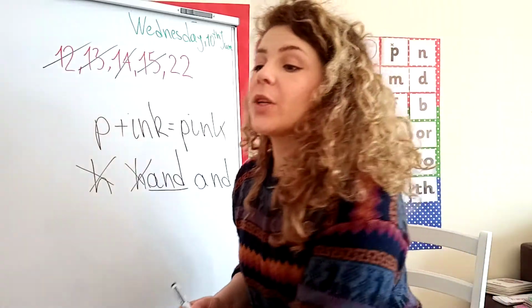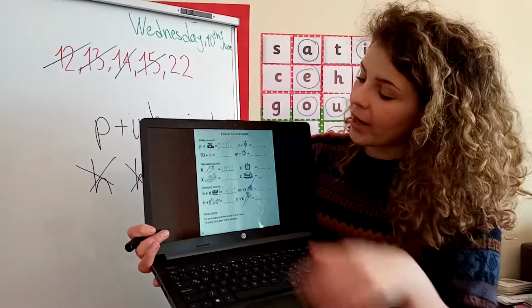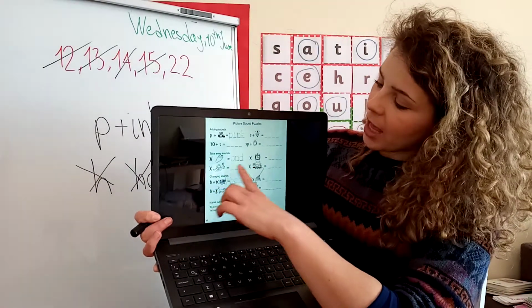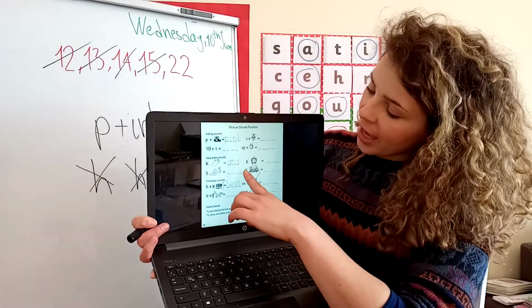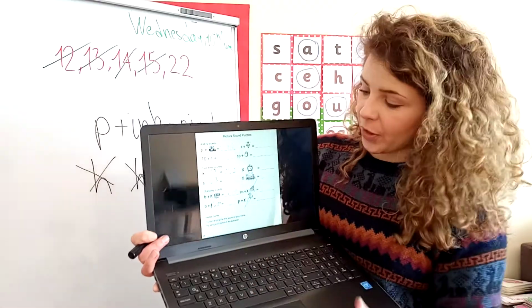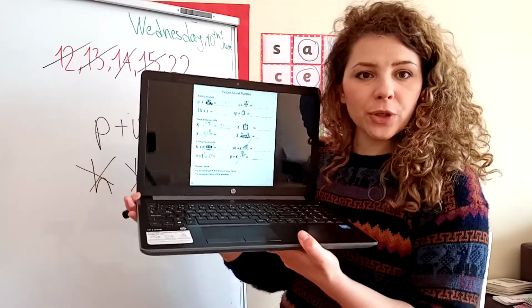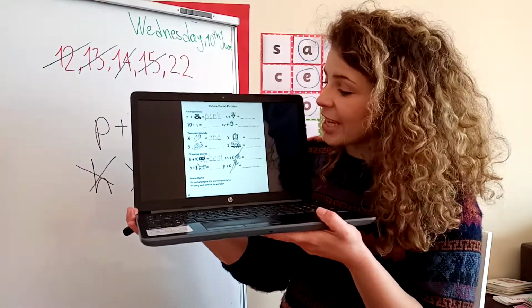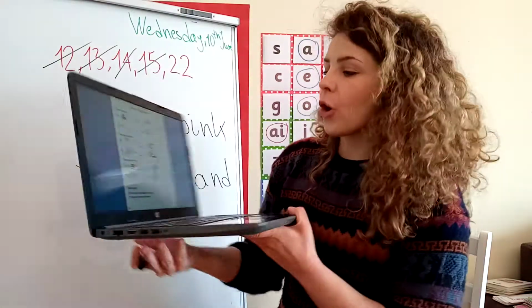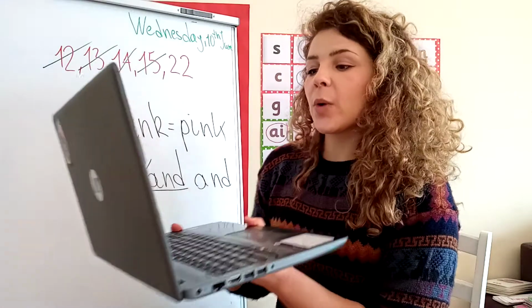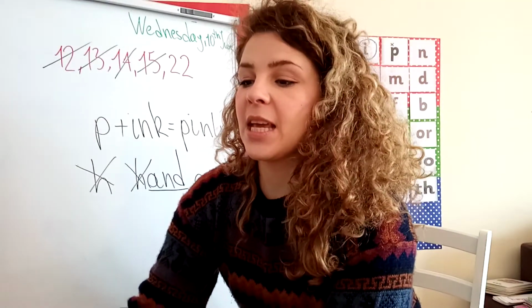Okay? So what you're going to do next, you're going to take away S from snail, K from clock, and T from train. Okay? And then the final one is substitution. You're going to change a sound. Okay? So let's hear what we have here.